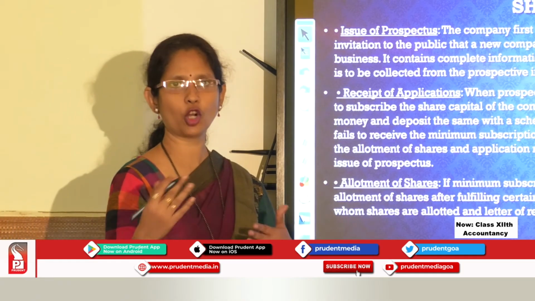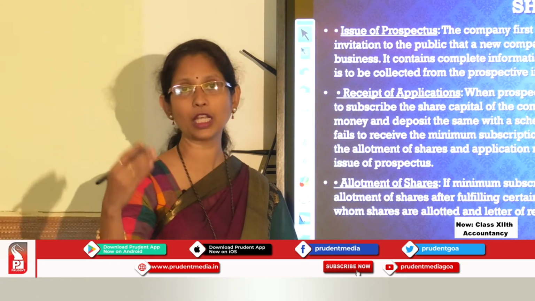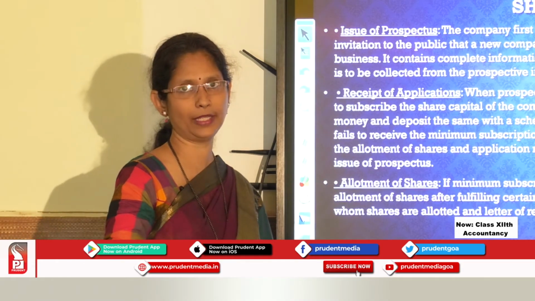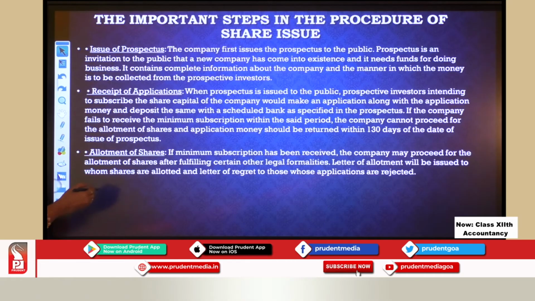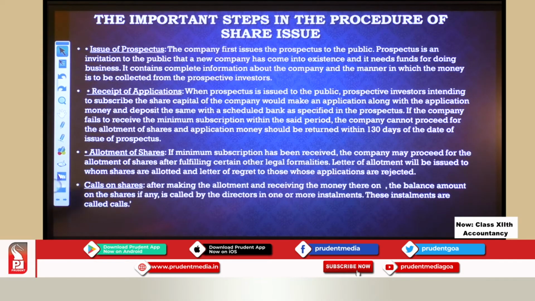But if the company has not collected, then the company will ask you to pay in installments and those installments are called calls. So we have the next step, that is calls on shares. As and when the directors want to collect the money, they will make these calls. So they are the installments of the amount of shares, okay. So we go for the next now.